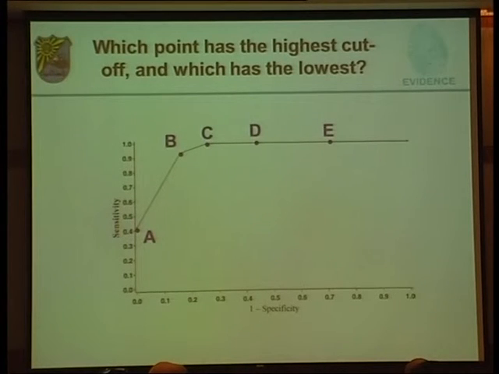So when you move from the right over to the left, is specificity going up or down? The specificity is 100% over here. So it's going up this way. And then sensitivity is going up this way. So which of these points, A or E, has the highest cutoff?